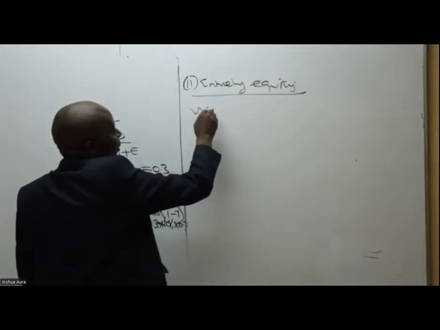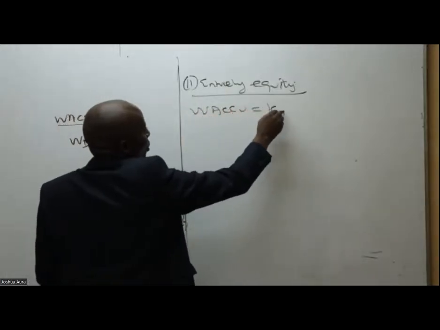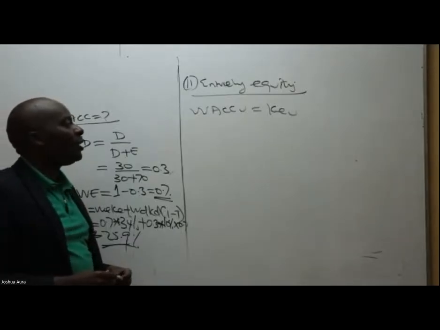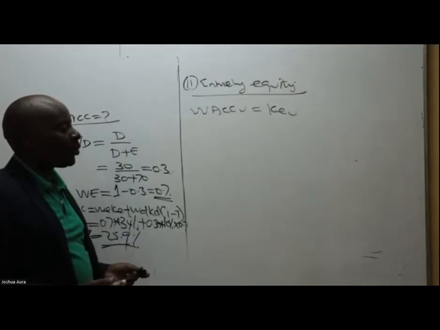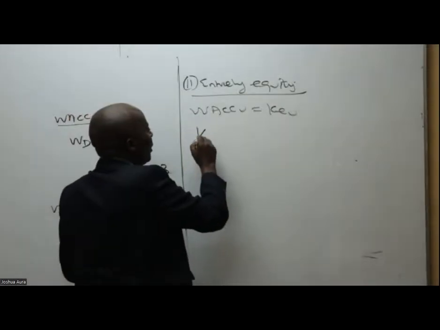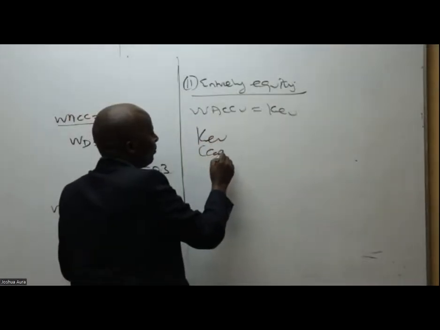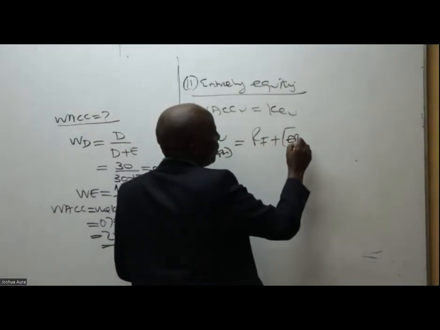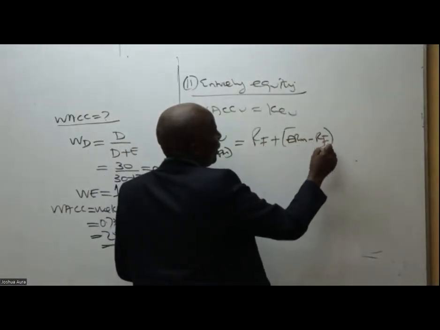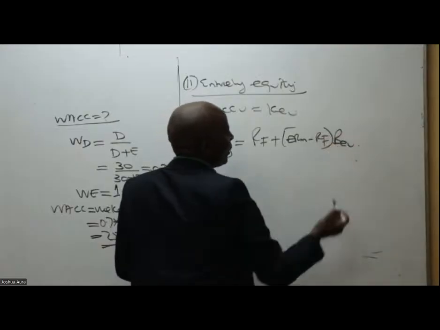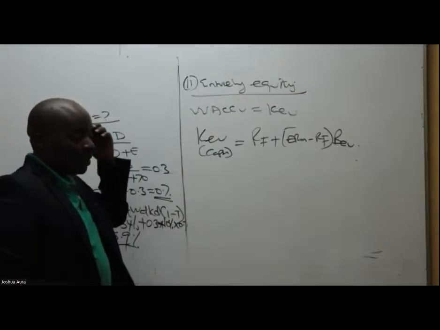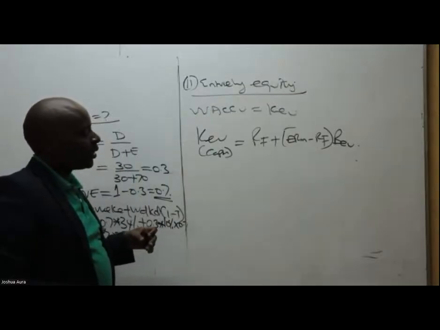Entirely equity, I know WACC unlevered equals Ke. Weighted average cost of capital of an unlevered firm equals Ke. And to get Ke is quite a simple thing. Using CAPM, I'll take the risk-free plus market returns minus risk-free multiplied by beta. I do not need a lot of workings here really.